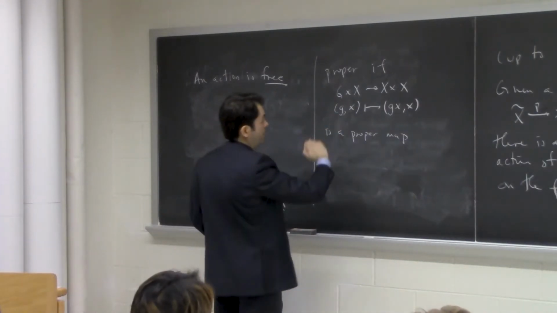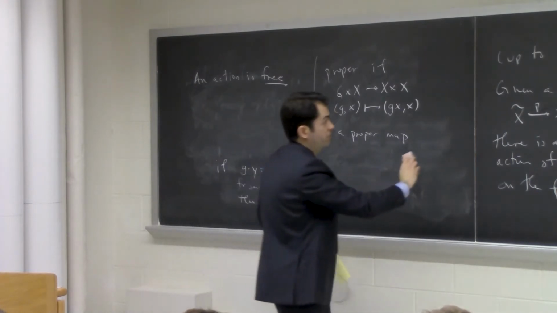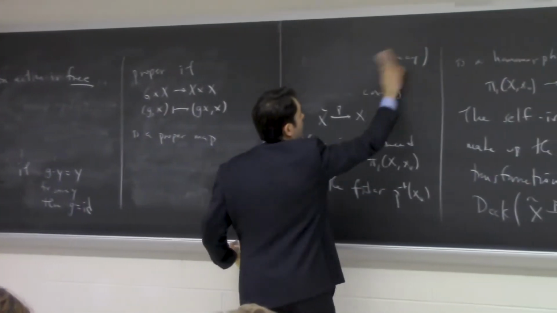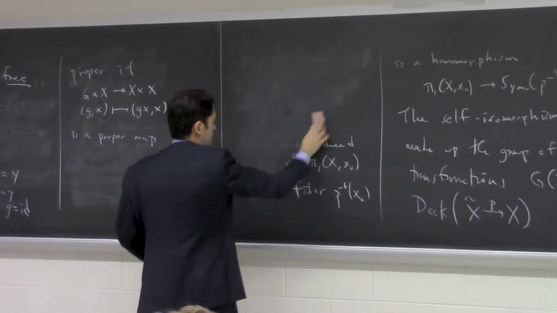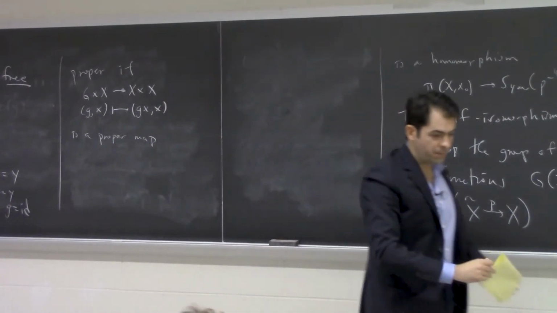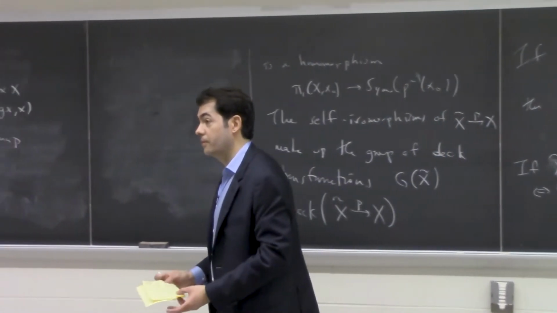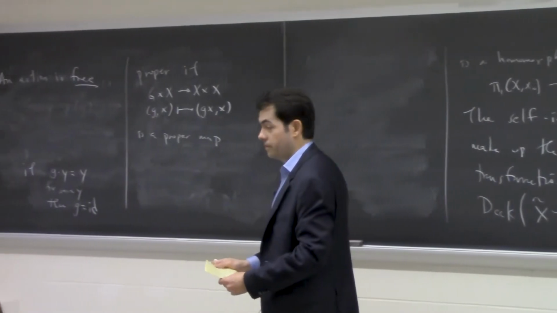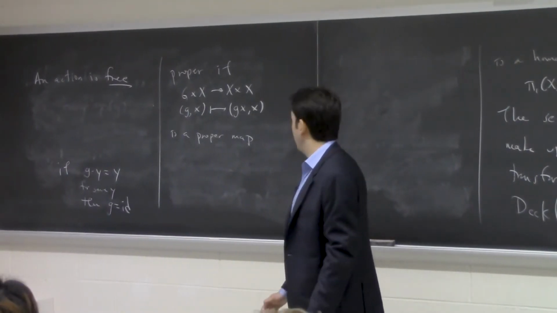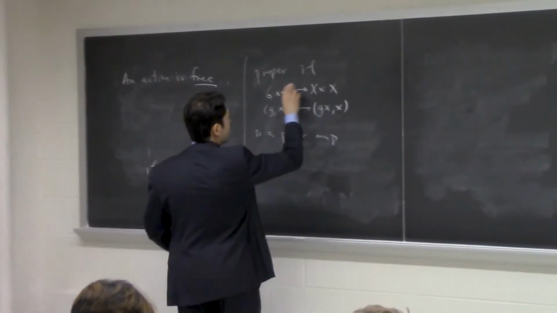Otherwise, you don't have to worry about topology, and you just think of G as being a discrete set. So in the definition of proper, by X, do you mean Y? Yeah, that's what I mean. Thank you.